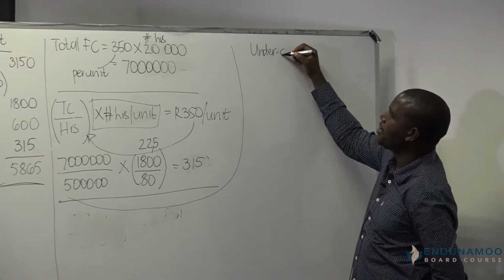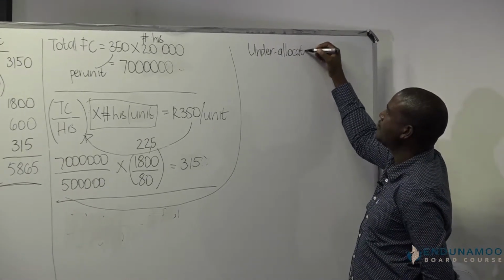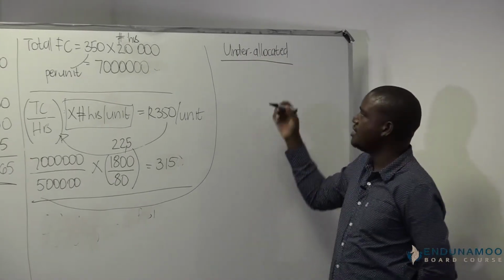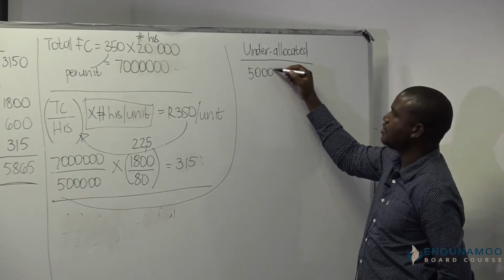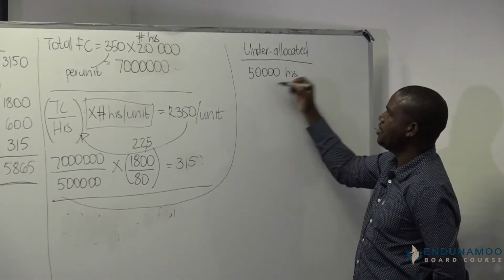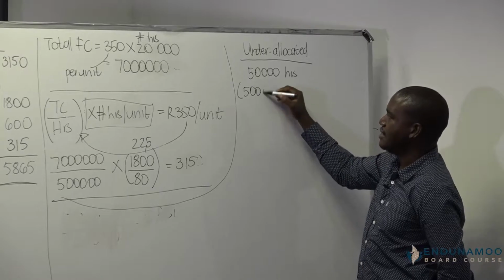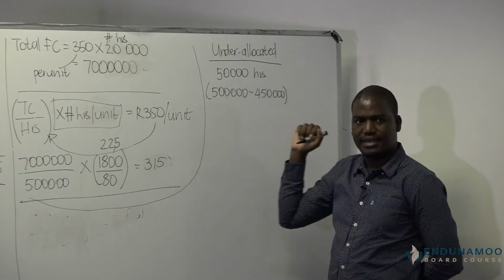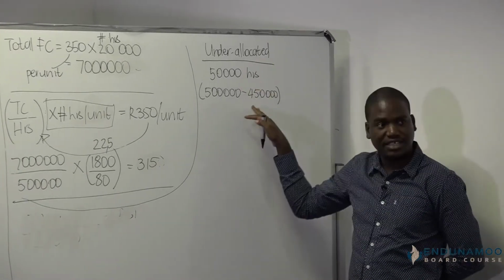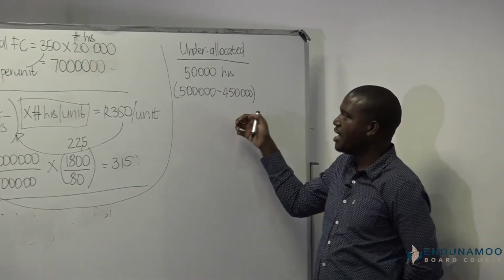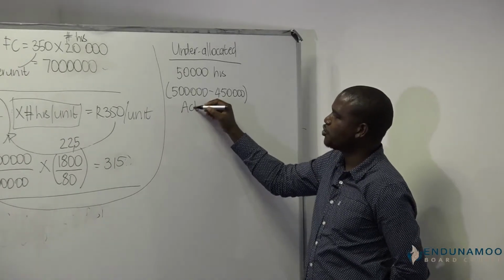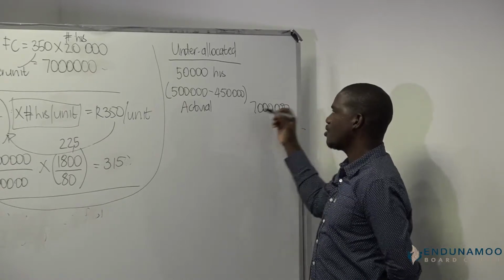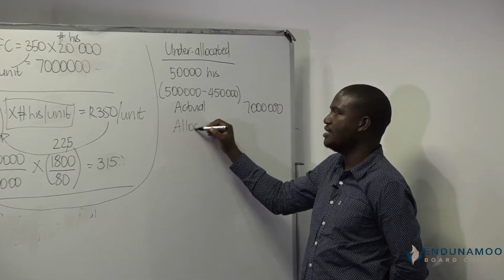How much is under allocated? 50,000 hours has not been allocated, which is the 500,000 minus the 450,000 altogether. So you've got an under allocation expense. The under allocation is the actual cost of 7 million, right? Compared to what you have now allocated.